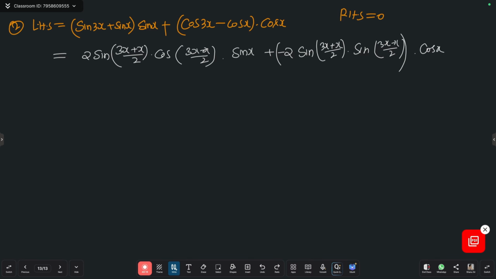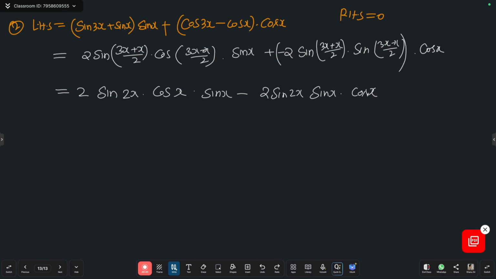Simplify: 2 sin 4x upon 2 is 2x, and x only, so 2 sin 2x cos x into sin x, plus into minus, minus 2 sin 2x sin x cos x.